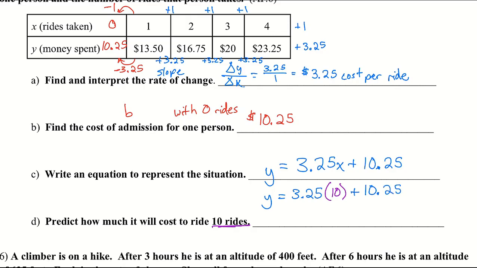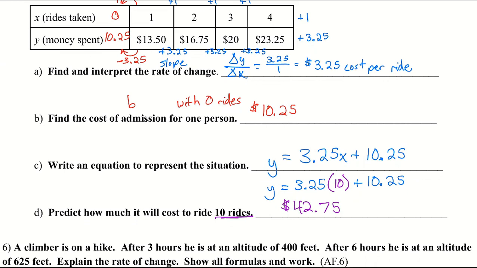So I'm going to take $3.25 times 10, and then I'm going to add the $10.25 to get a grand total of $42.75. So there's that.